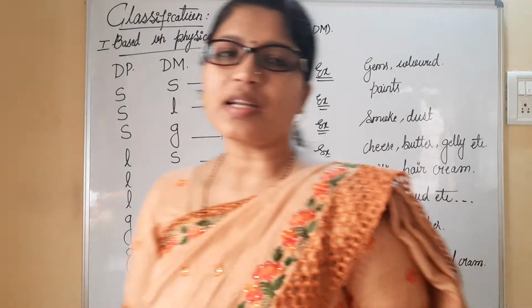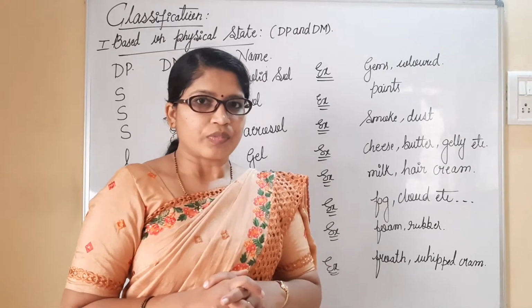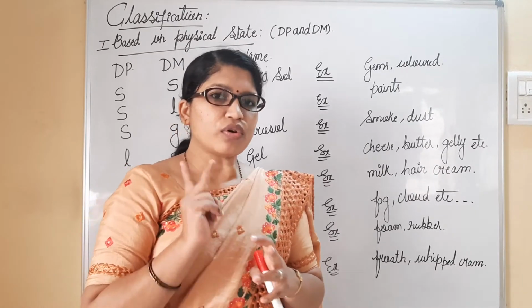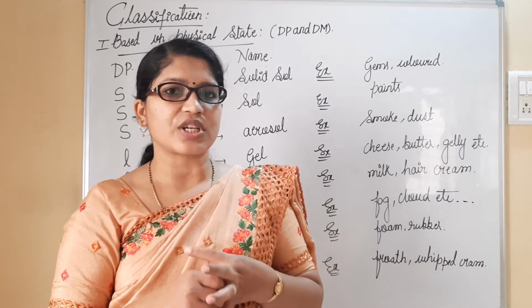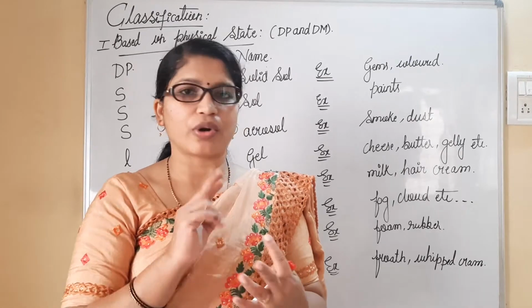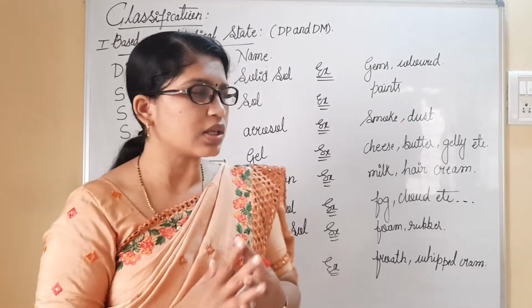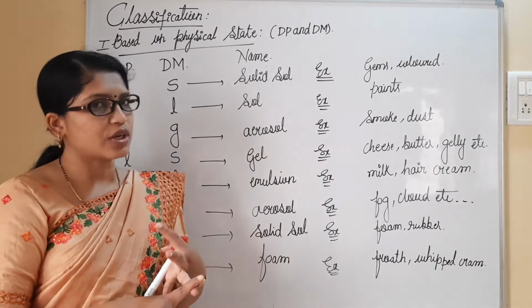Now let us understand the classification of colloids. As I told you, two components are involved: the dispersed phase and the dispersion medium. It is heterogeneous, in which we have a dispersed phase and a dispersion medium.